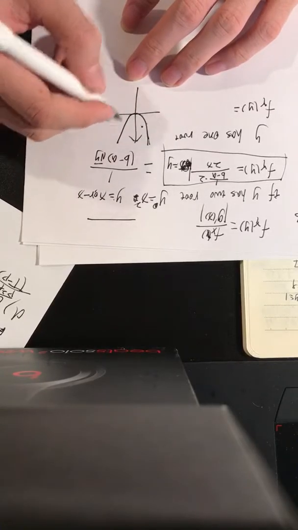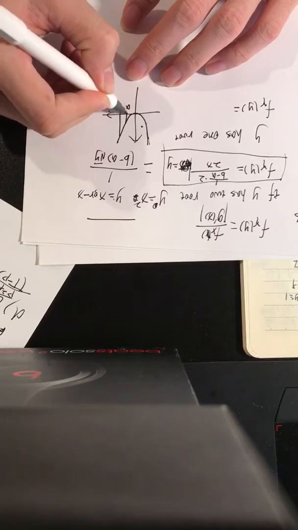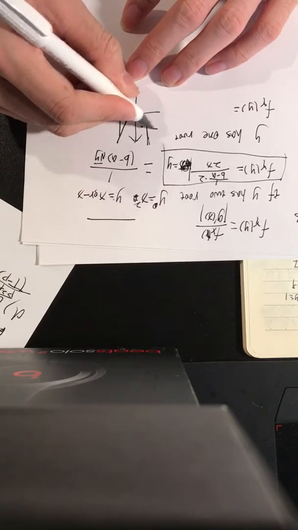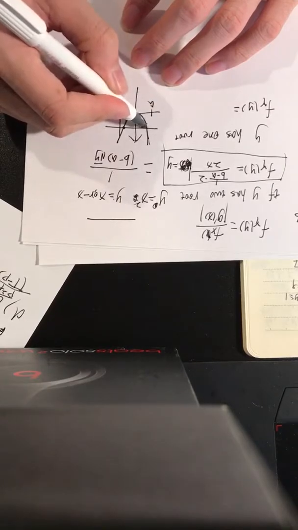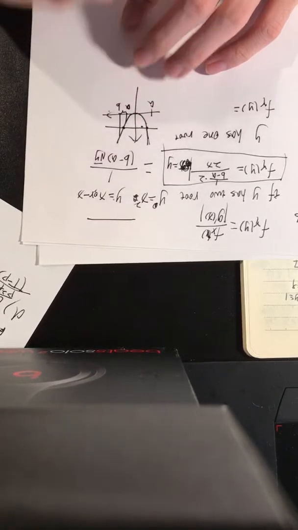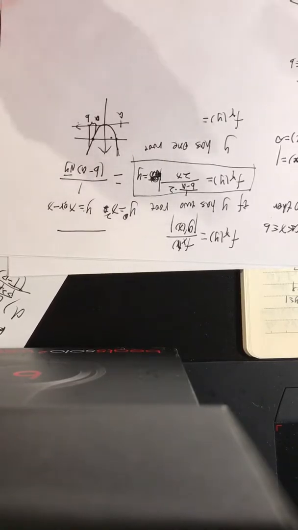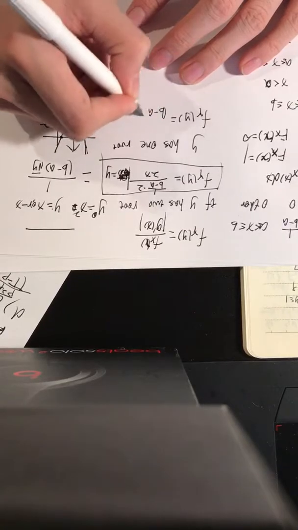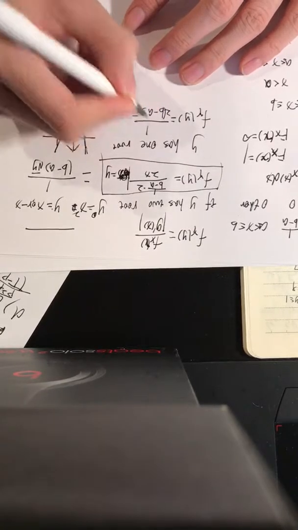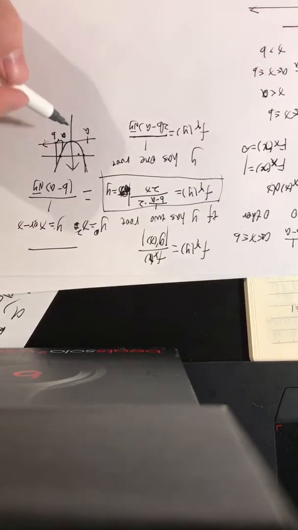It's something like this, and if a and b are in this part, there is only 1 root. If a and b are in this part, there will be 2 roots. So if it has only 1 root, it should be this, what we can get now.